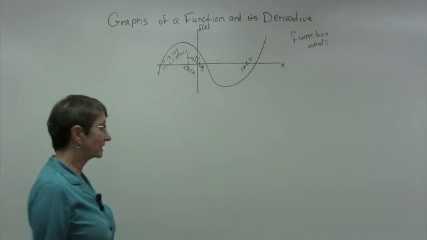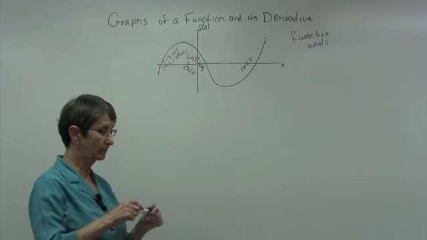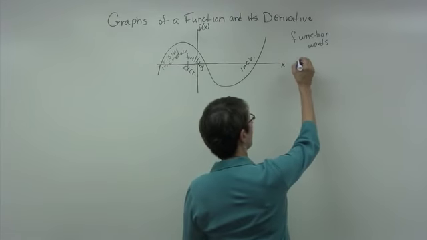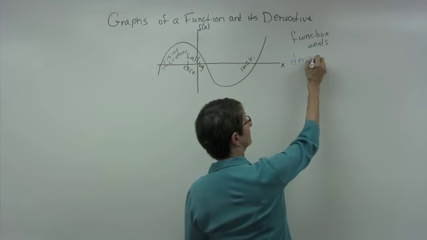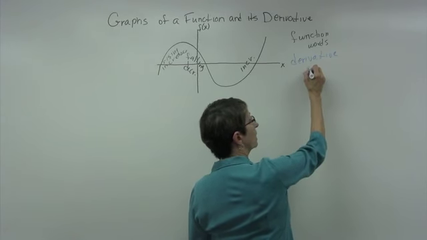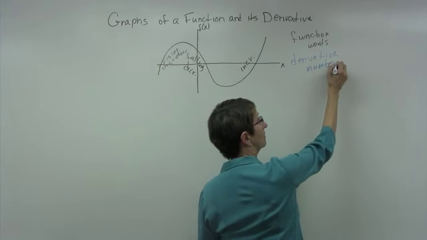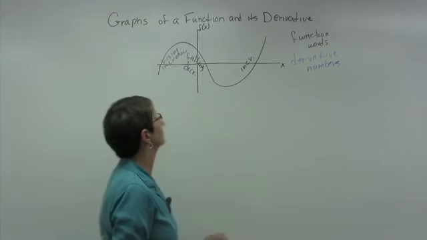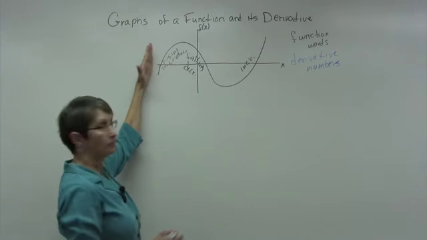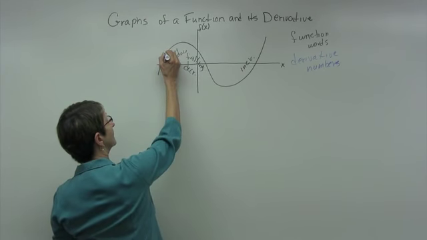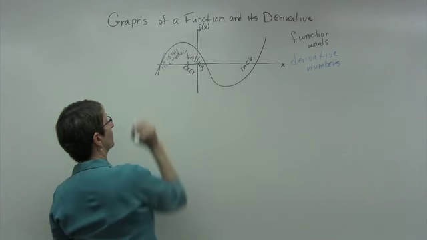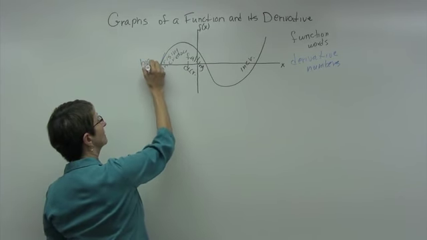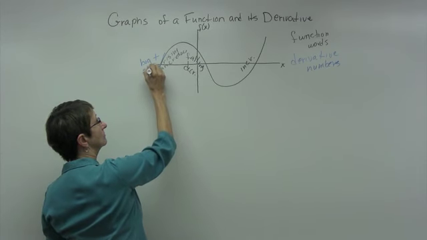When we talk about the derivative, we're going to talk about numbers. So when we talk about the derivative of our function, we'll do numbers because those are the slopes of the tangent lines. So let's look at what the numbers might be here. This looks pretty steep. So if I have a tangent line here at that point, my tangent has a big positive slope.